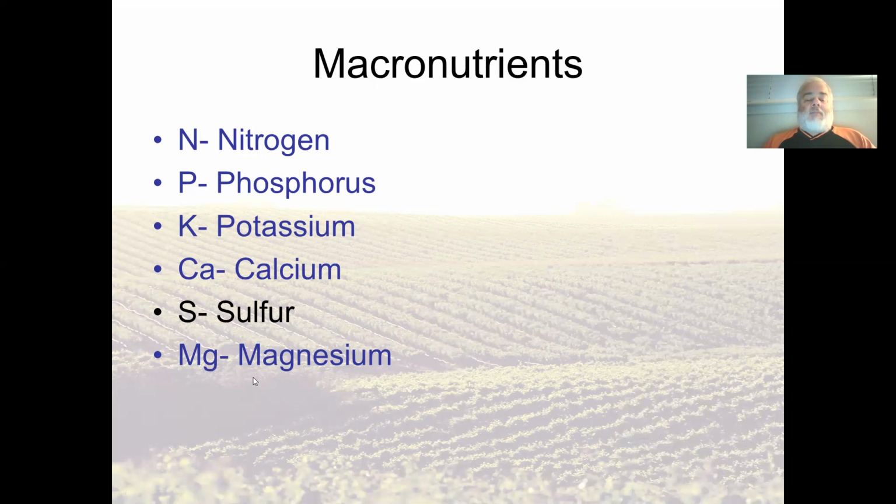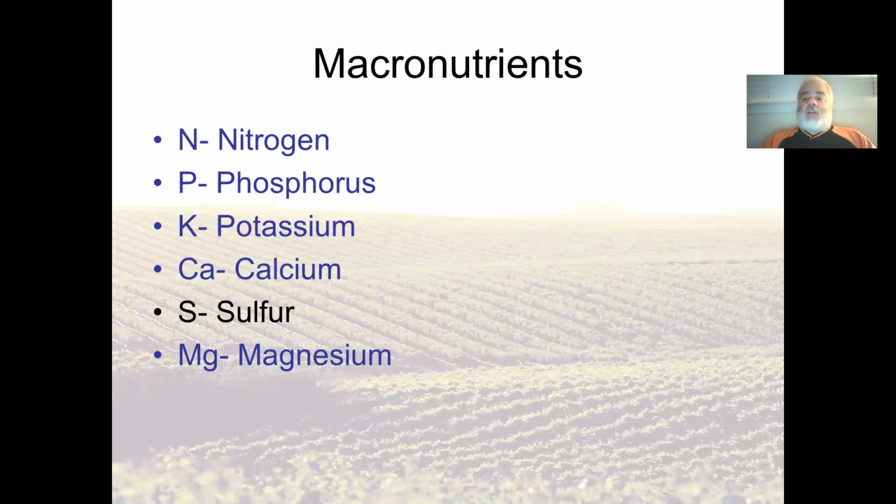Now, sulfur is highlighted here because if you are doing a complete fertilizer, it is sometimes included as a fourth nutrient element. If you see a complete fertilizer with 4 percentage numbers on the bag, the first one is nitrogen, the second one is phosphorus, the third one is potassium, and if there's a fourth one, that represents the percentage of sulfur.